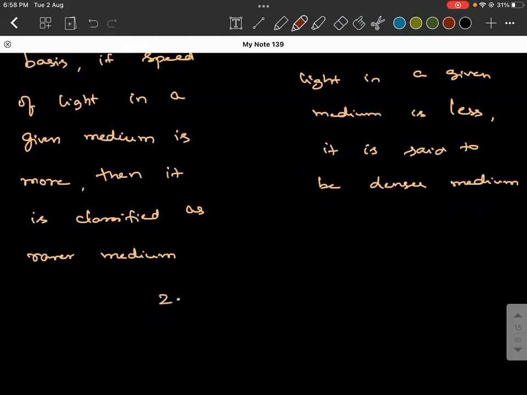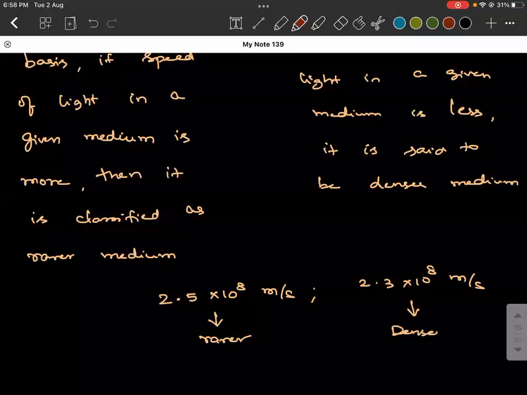Suppose the speed of light in a particular medium is 2.5 into 10 power 8 meter per second, and the speed of light in the other medium is 2.3 into 10 power 8 meter per second. Then here you're only comparing the speed in both the media. So on a comparative basis, you can say that this is the rarer medium and this will be the denser medium. That is what I meant.